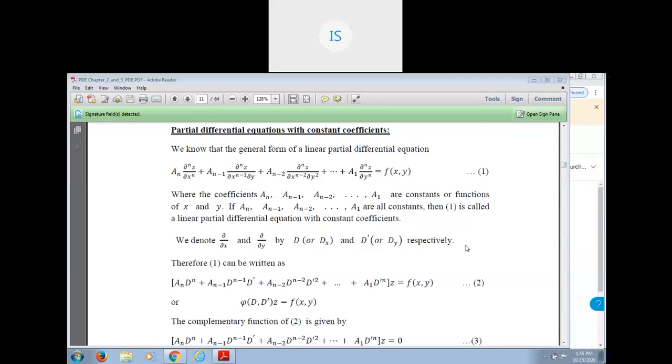These may be constant, or they may be functions of x and y only. Understand? Yes, ma'am. Now all are clear.